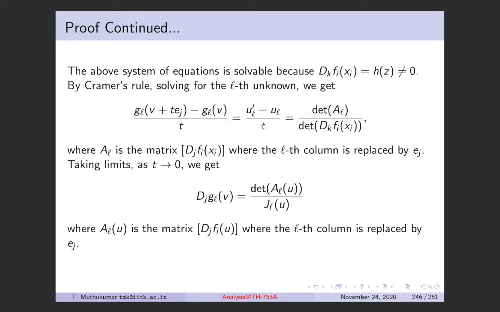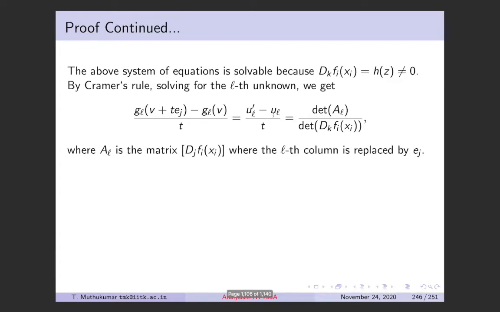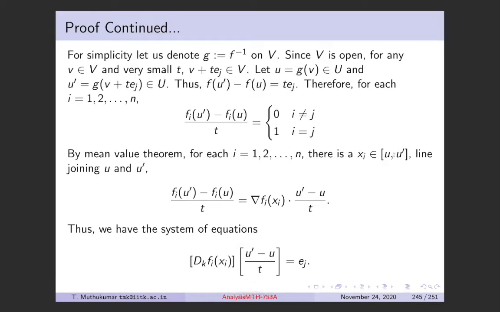So when t goes to 0, this ul prime approaches ul, because when t goes to 0, the u prime will get closer and closer to u.